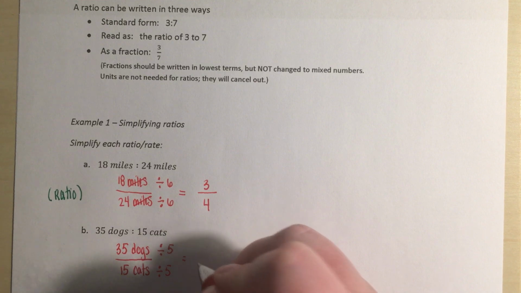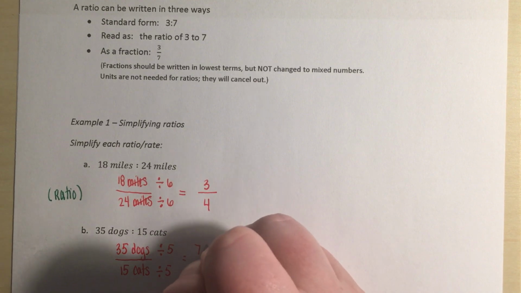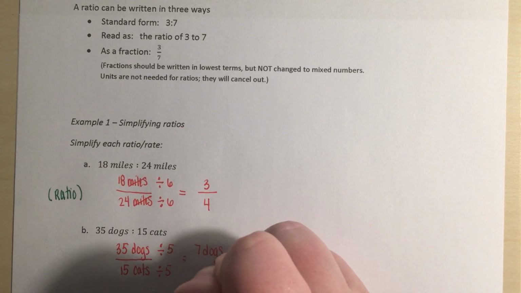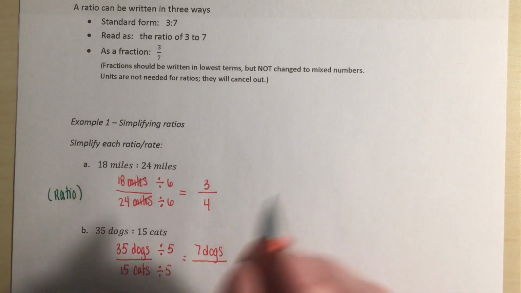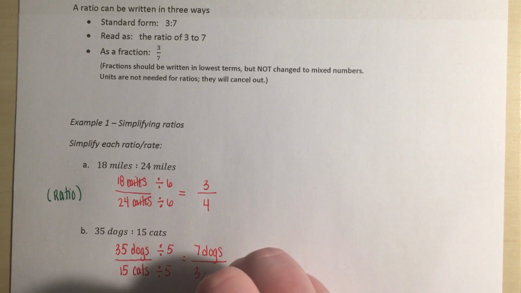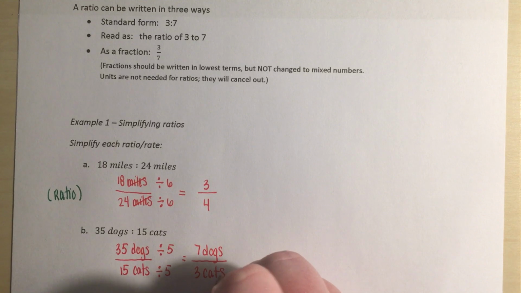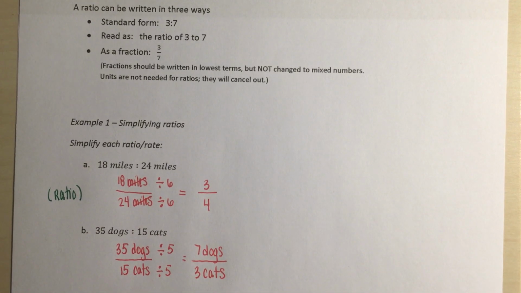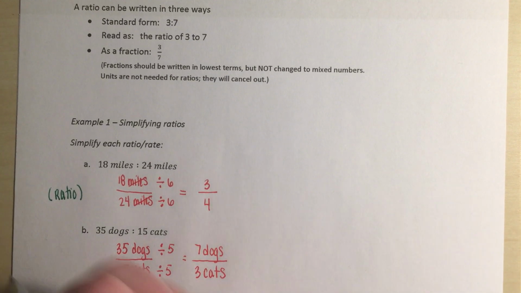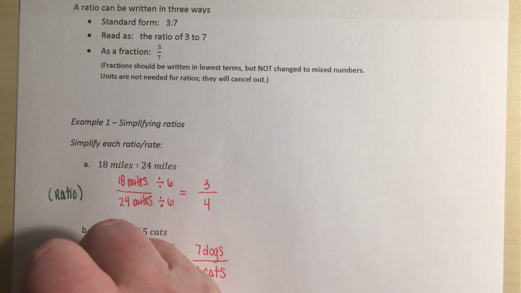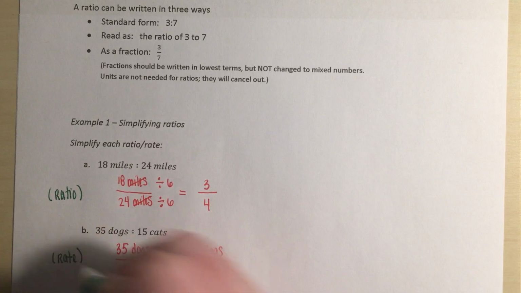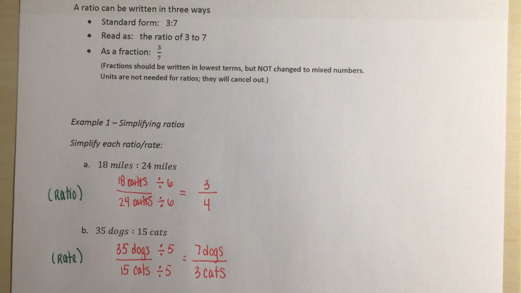So we are going to take 35 divided by 5, and that's going to give us a ratio of 7 dogs to 15 divided by 5 is going to give us 3 cats. So we have a ratio of 7 dogs to 3 cats. As we go through this chapter, in this textbook, and commonly, if we have different units of measurement, then we refer to these as rates.